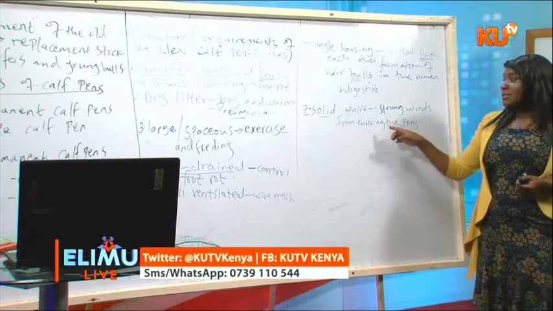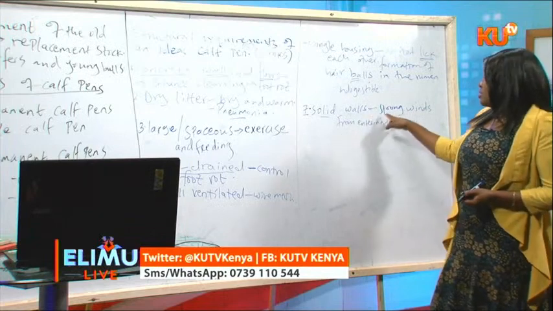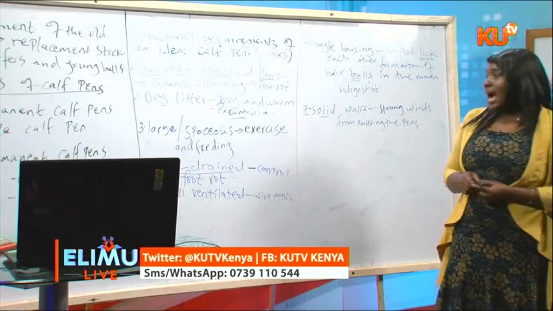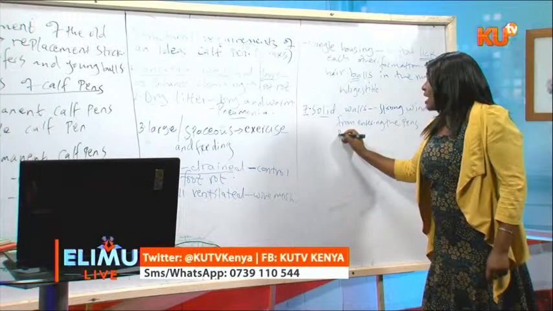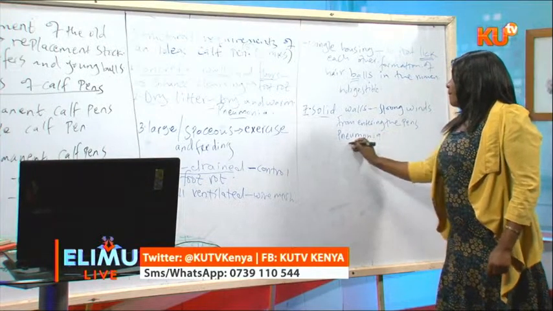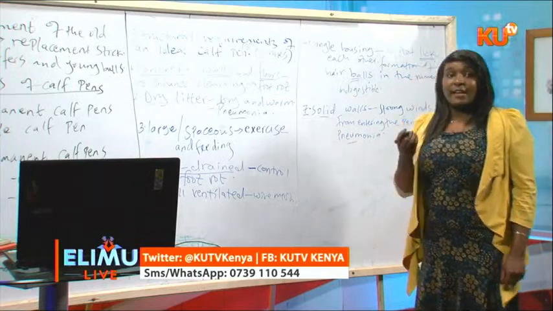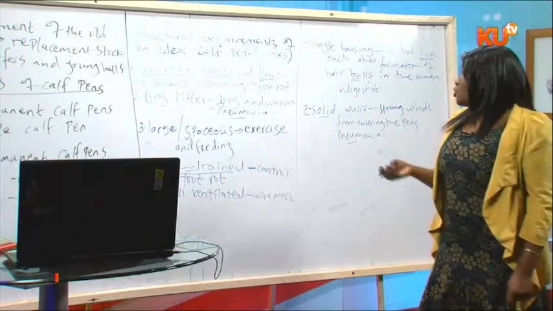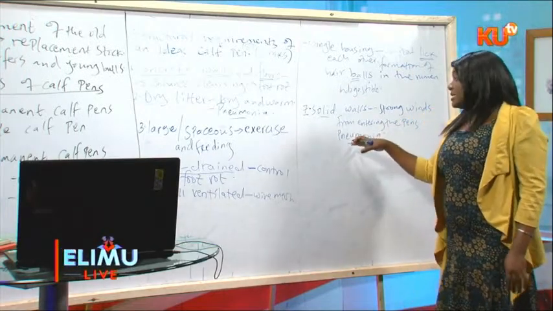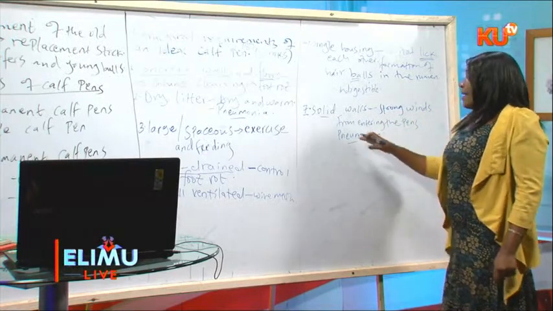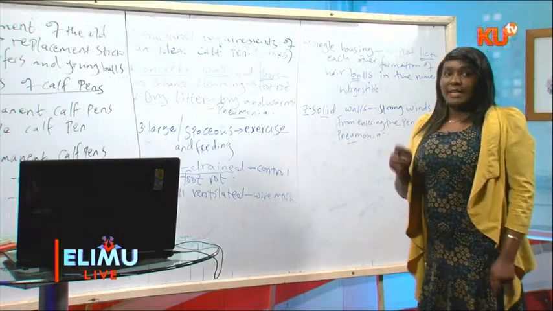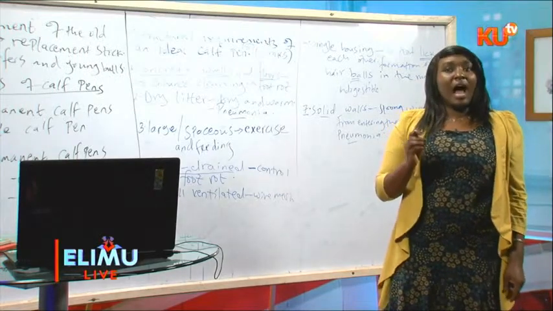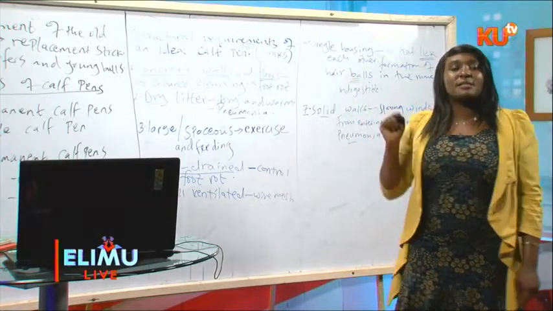This is because these strong winds can lead to a condition or a disease called pneumonia. Yeah, learners, even animals get pneumonia. So we need to prevent these animals from getting pneumonia by constructing solid walls. But I'm not saying that our calf pen should have solid walls on the four sides.